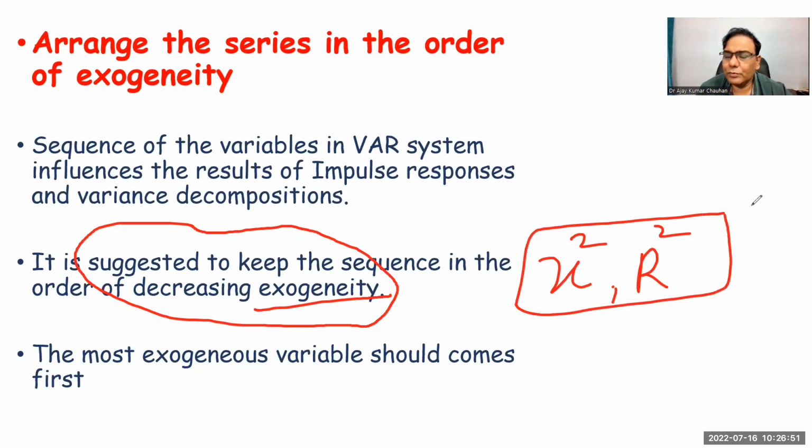Both will tell you which variable is most exogenous. If the variable has the highest or a larger r-square, it means that variable is endogenous, not exogenous, because that variable can be explained by other variables.